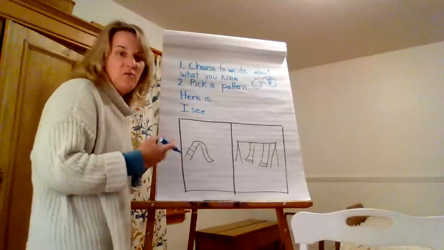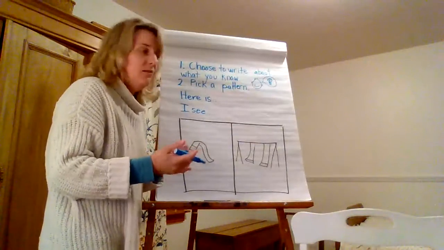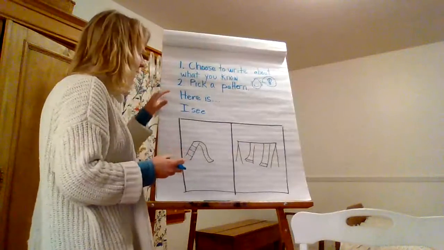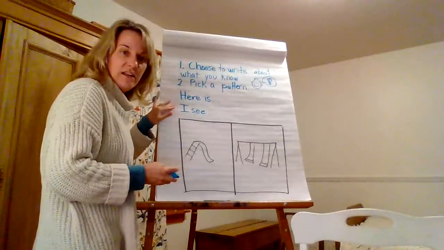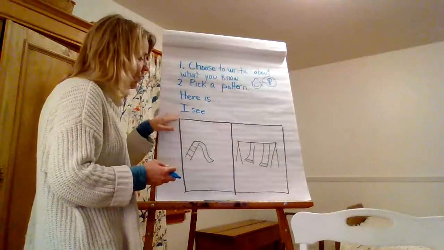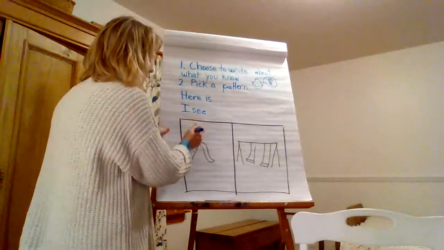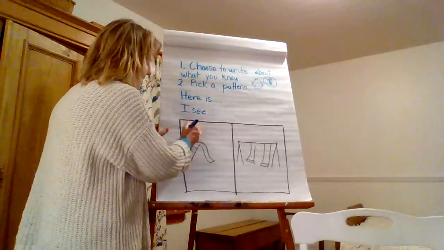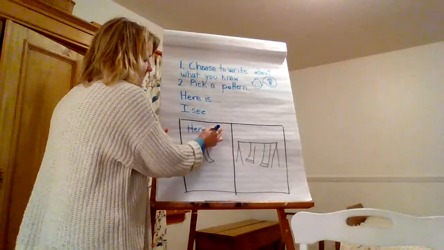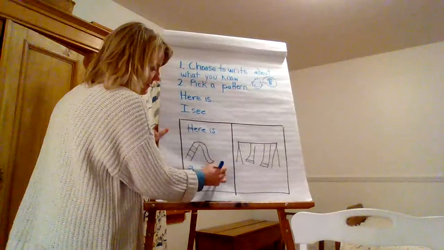So let's do a couple pages of practice. And I thought, well, we all know about the playground, right? We could write about the playground. And I could use "here is" or "I see" to write about the playground. So let's do a "here is" book. So I'm going to write about the playground and I'm going to say, "Here is a slide."